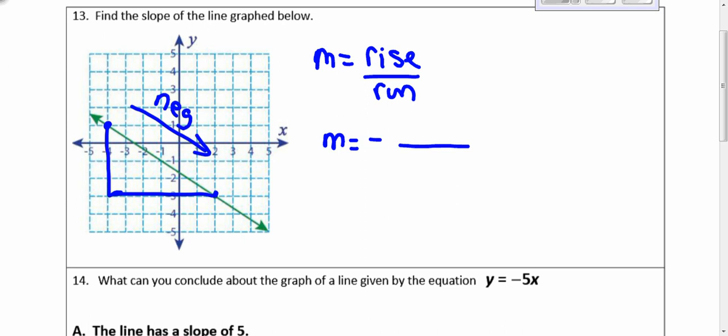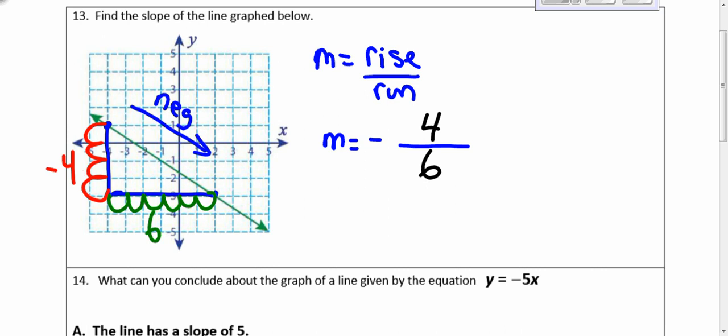So we're going to count down 1, 2, 3, 4. So that's -4 because it goes down. And then the run, 1, 2, 3, 4, 5, 6. So the rise over run is now -4 over 6.